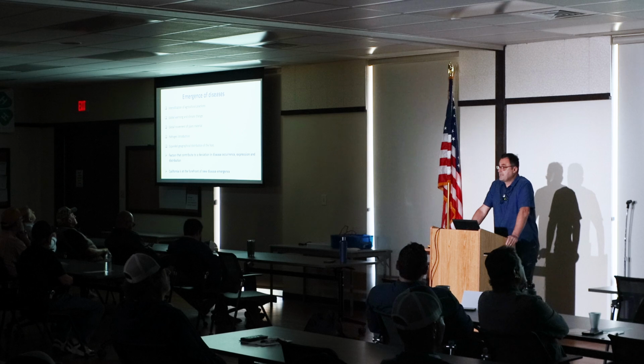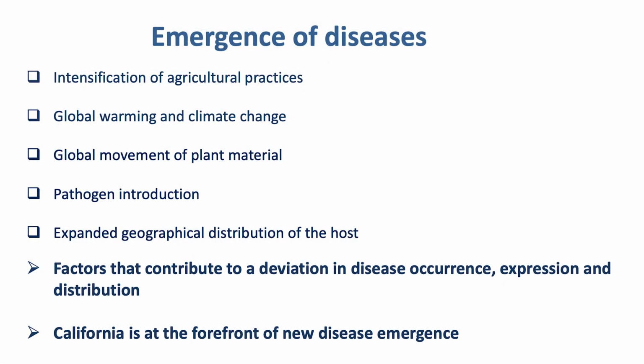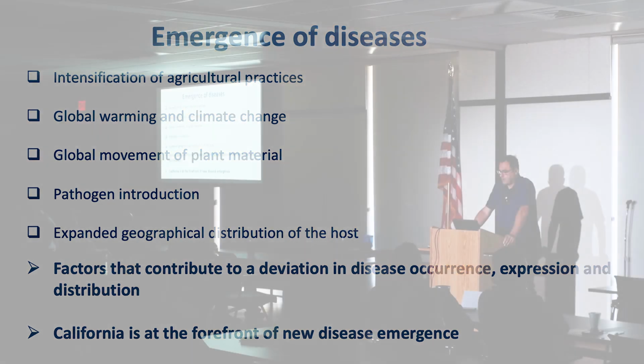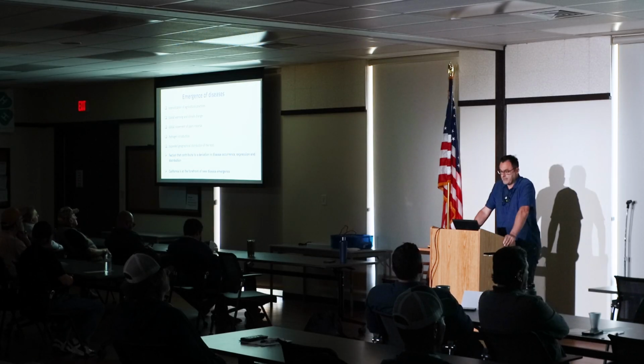So how do disease and pest emergence happen in general? It may be related to the intensification of agricultural practice. The almond industry is really widespread in California. It's this large orchard area throughout the Central Valley, with orchards nearby each other. So if a new disease is introduced, you may think that it will spread quickly.